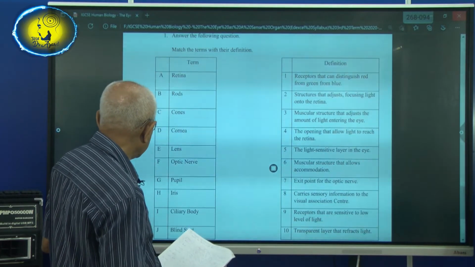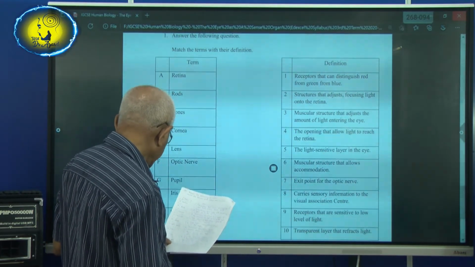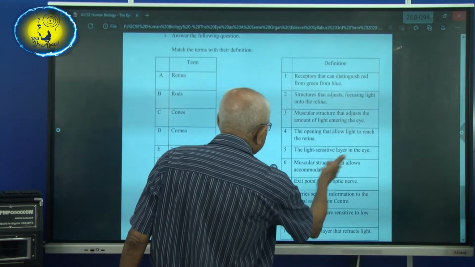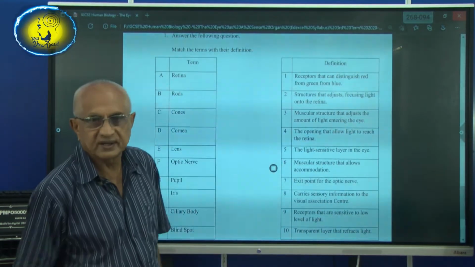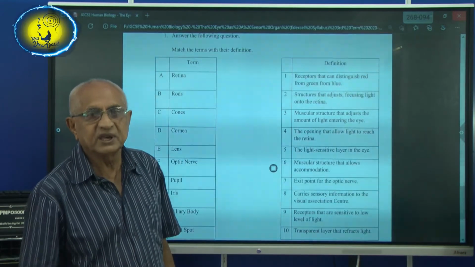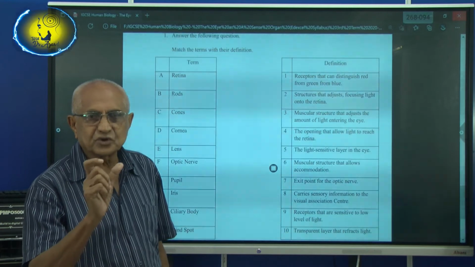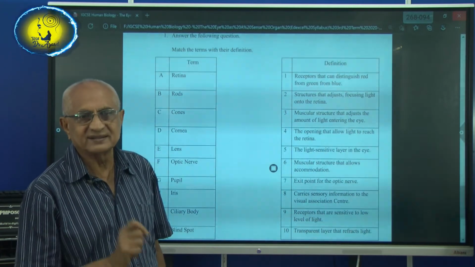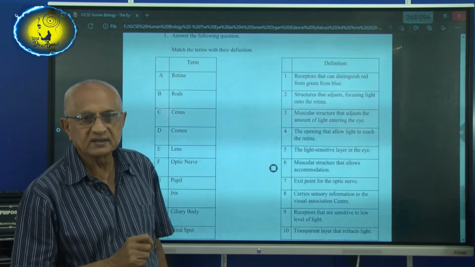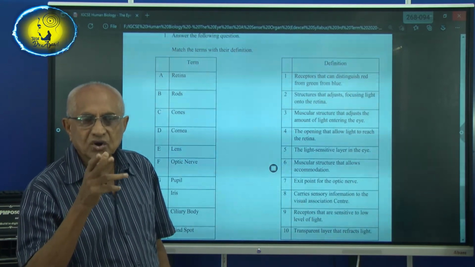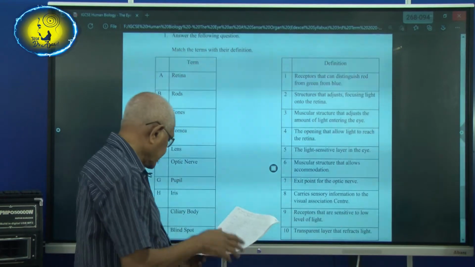Ciliary body is a muscular structure that allows accommodation. Now, I told you at the beginning, the shape of the lens is controlled by the ciliary muscles, depending on whether you are looking at distant objects or objects which are closer.